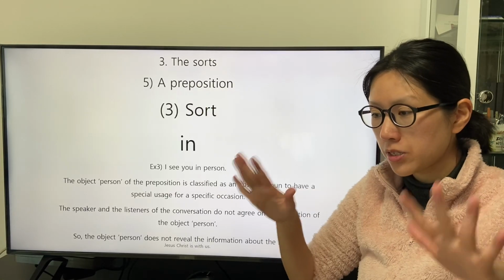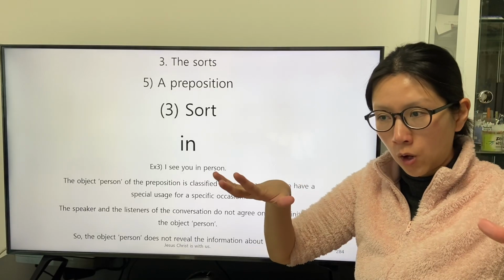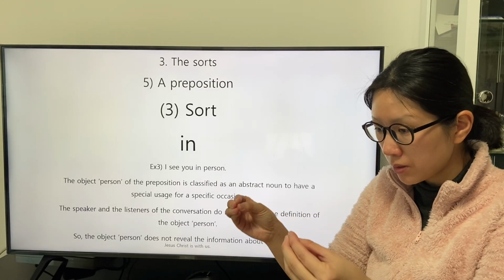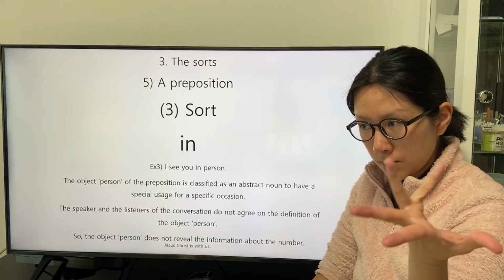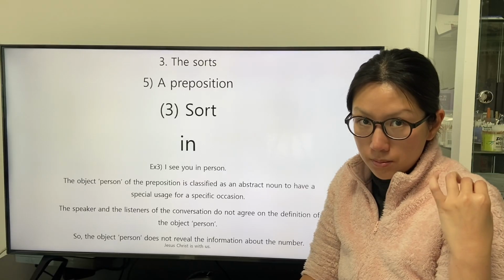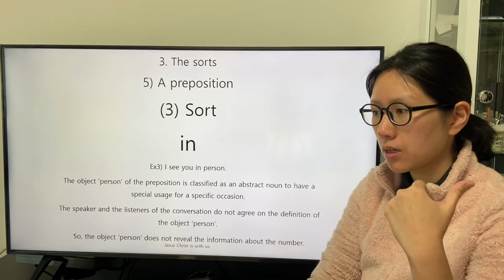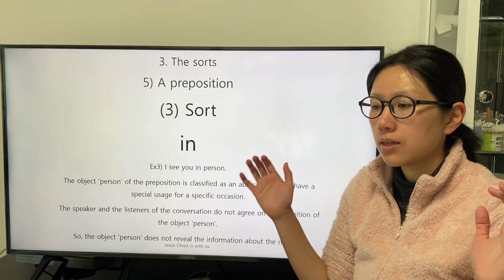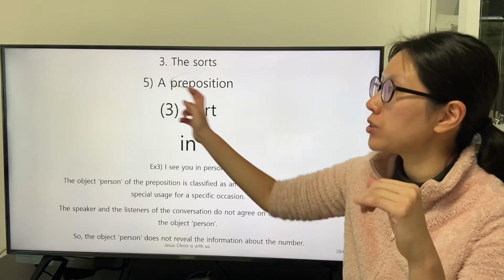The term preposition connotes that the object of the preposition is accentuated. The speaker considers the object of the preposition as a unit with the preposition.